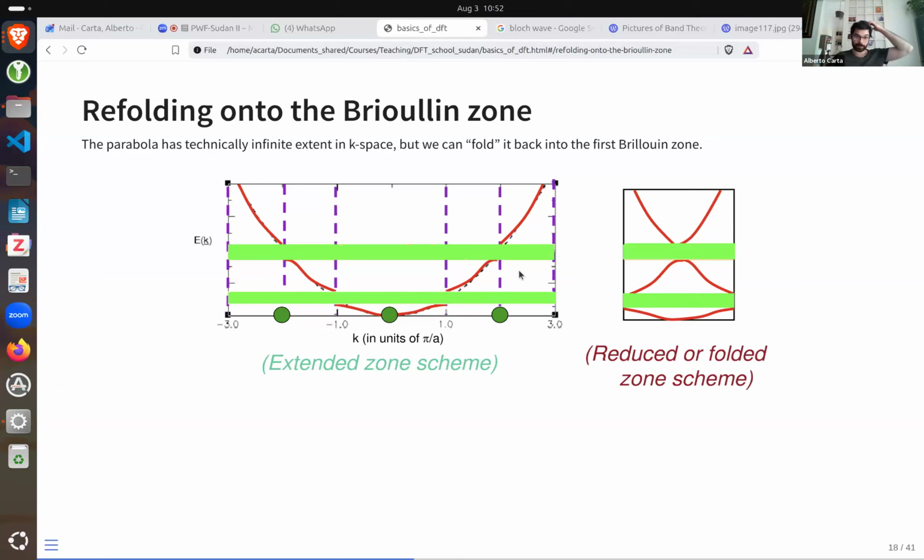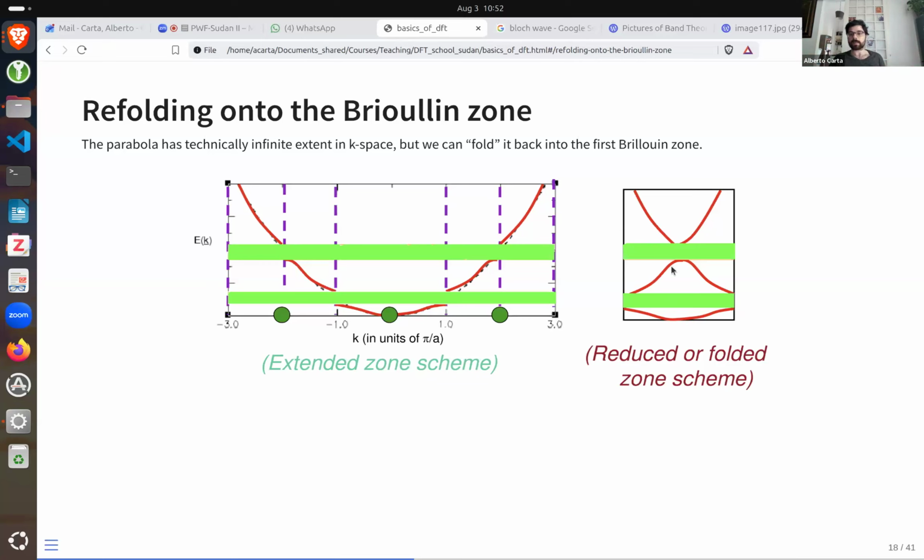By folding back into the Brillouin zone, you start getting the first idea of what we generally talk about when we talk about bands. This refolded dispersion is what we mean when we talk about the band structure.